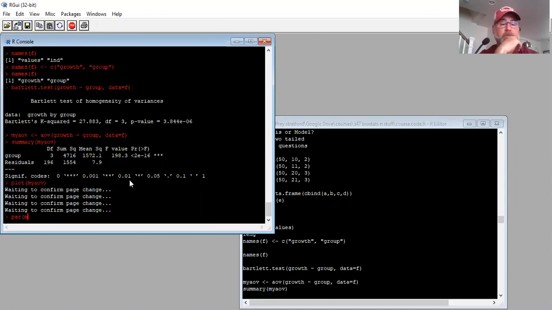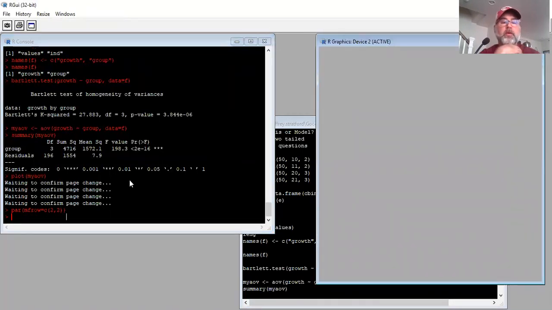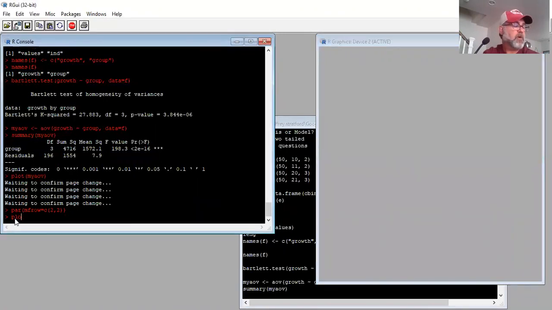To do that, we use this function par, and we're going to create an output of our model diagnostics that we'll be able to use in a report or a thesis or a dissertation, whatever you're doing, and just paste it in there from R. So what we did was create a 2x2 matrix of plots, and then we'll rerun plot.